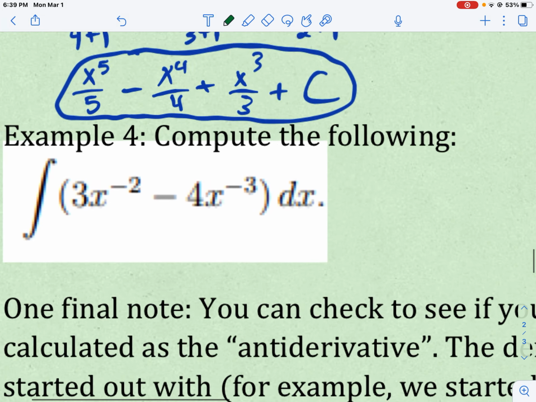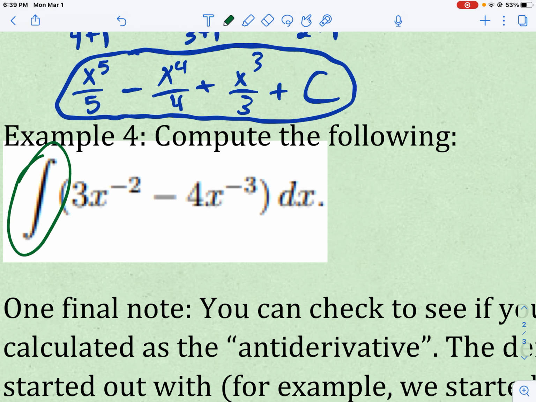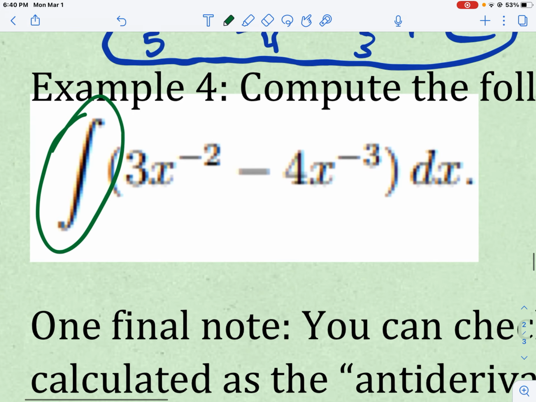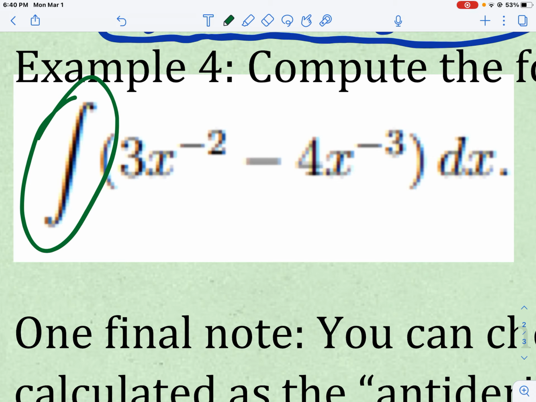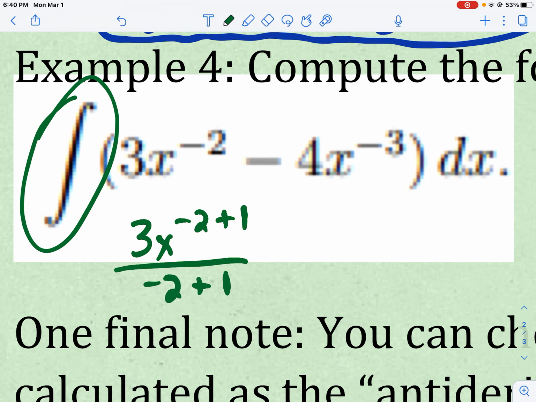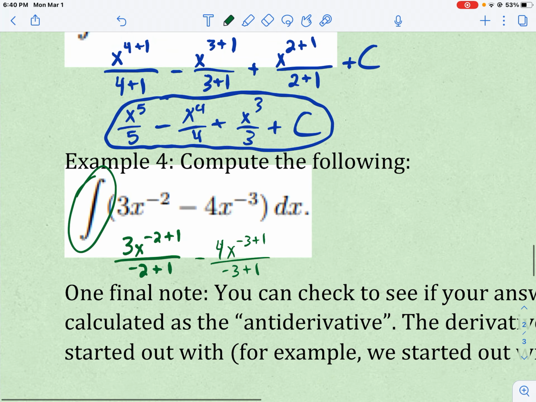So we're going to use that rule. This symbol tells us to find the antiderivative, take the integral is another way to say that. So again, we're going to do the same thing. We're going to do 3x to the negative 2 plus 1 over negative 2 plus 1, minus 4x to the negative 3 plus 1 over negative 3 plus 1, plus c.